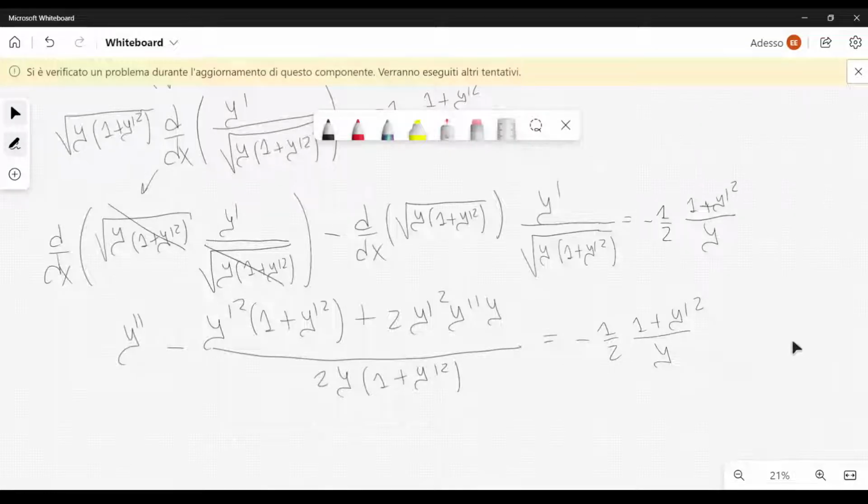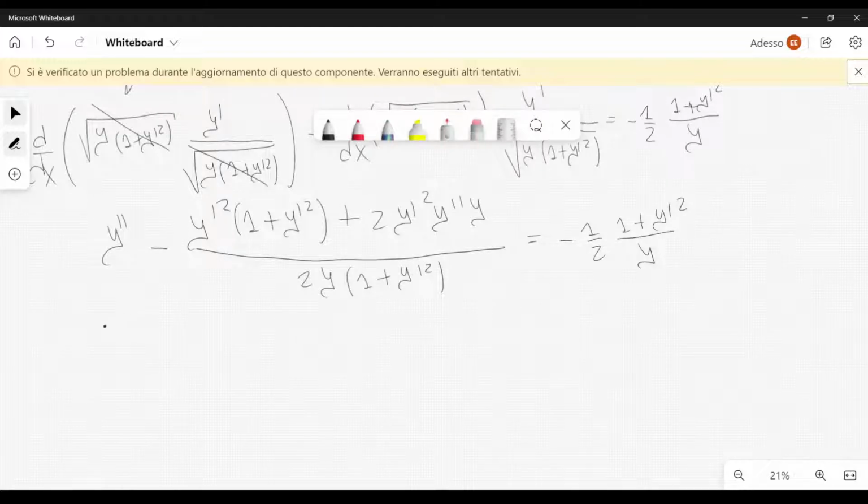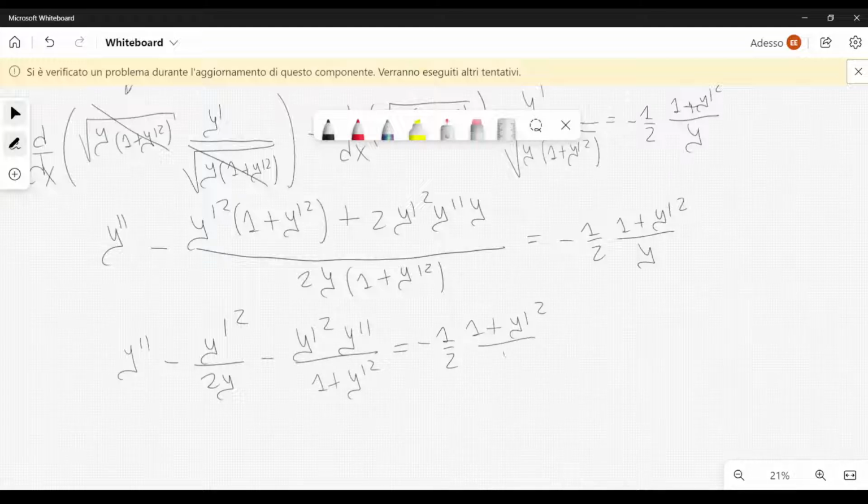Now we can simplify this a little bit, so we have y double prime minus y prime squared over 2y minus y prime squared y double prime divided by 1 plus y prime squared, equal to minus 1/2 times 1 plus y prime squared over y.